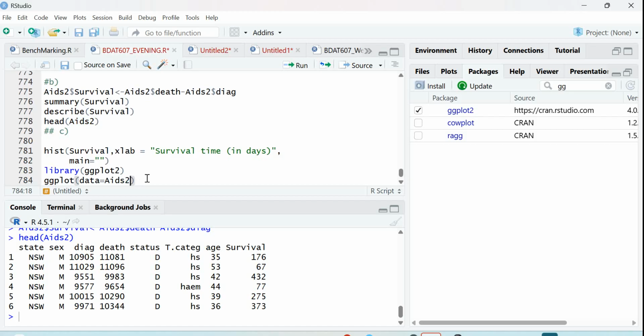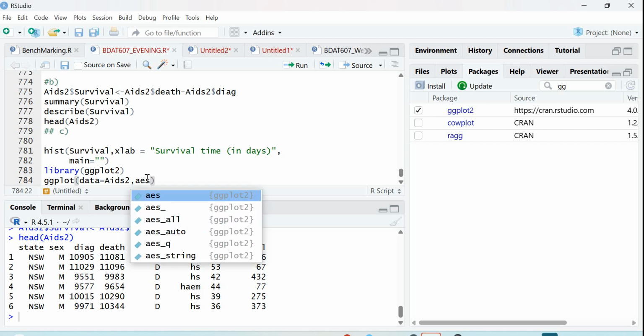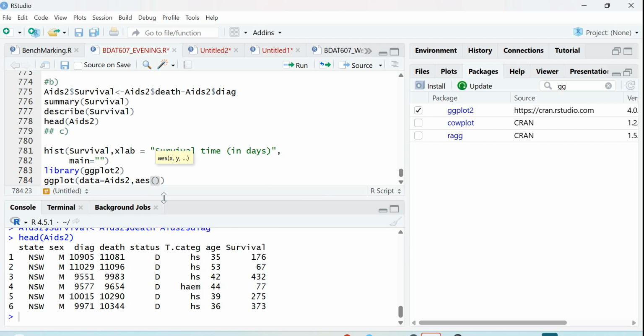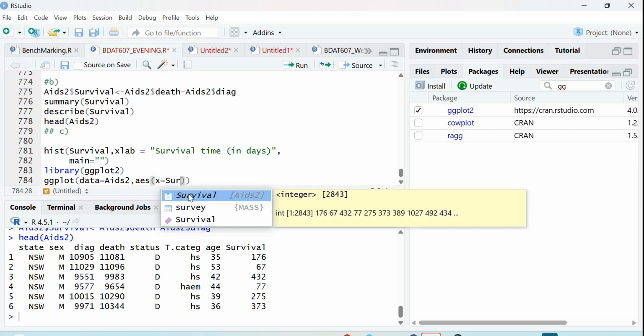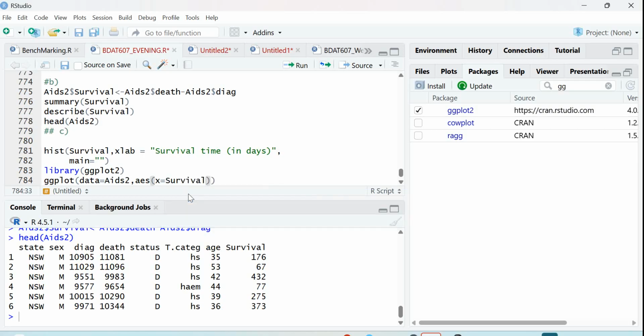Then the aesthetics. So x should be survivor, aes with x equals survivor, in two brackets. And then what? Plus, outside the bracket, plus geom underscore histogram.